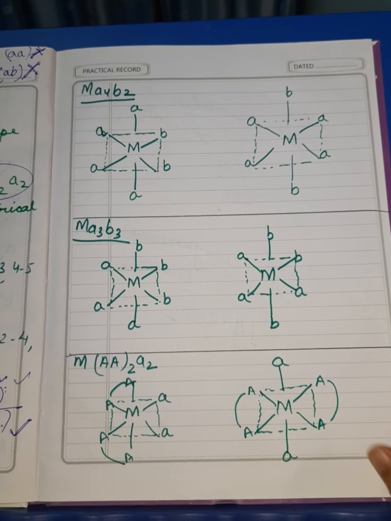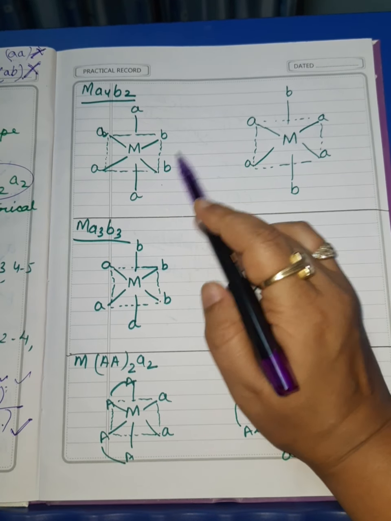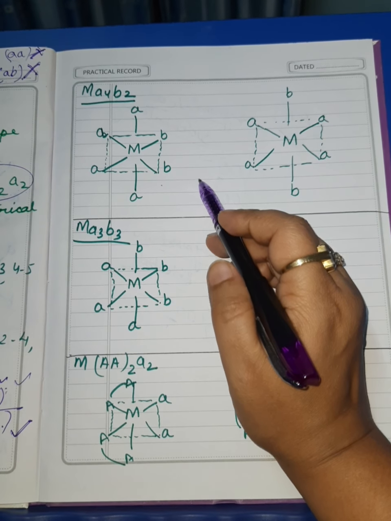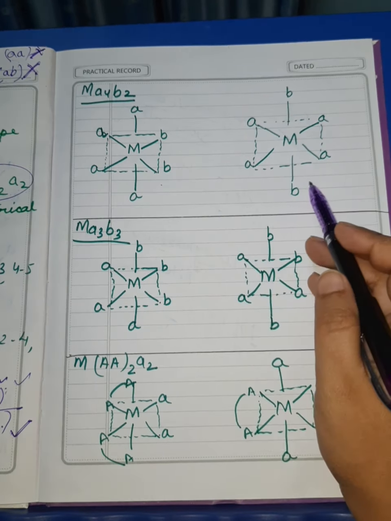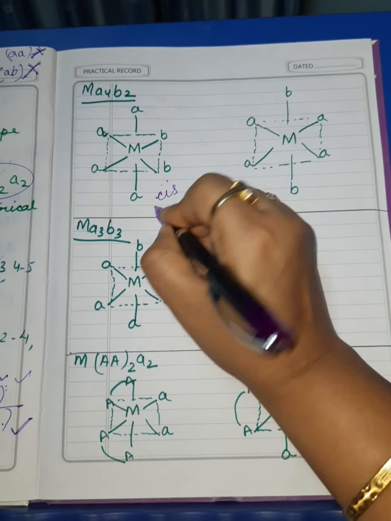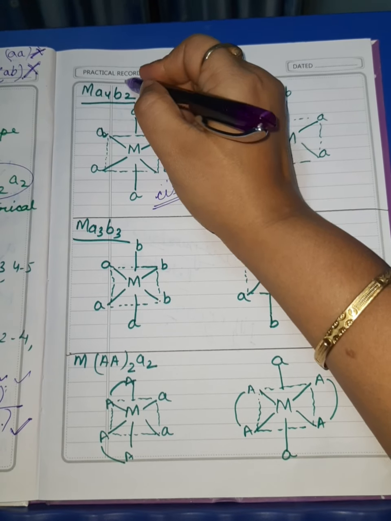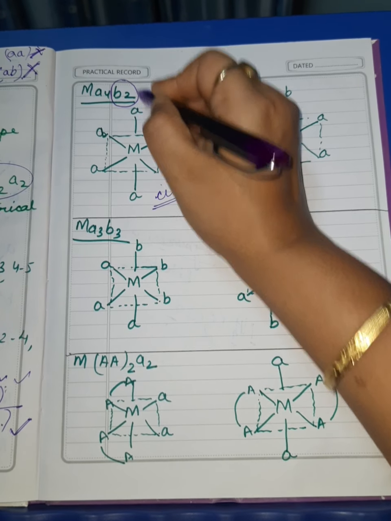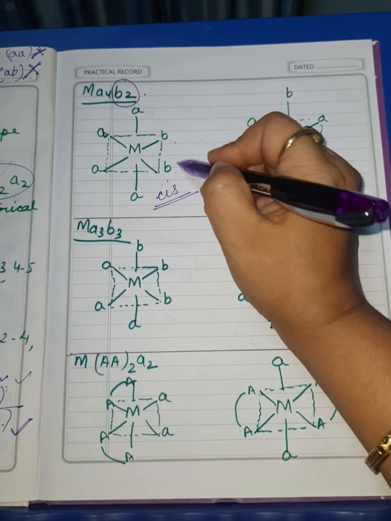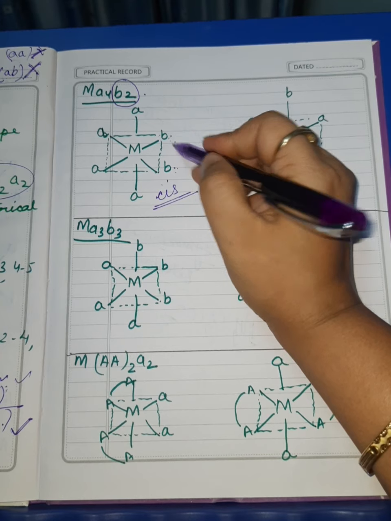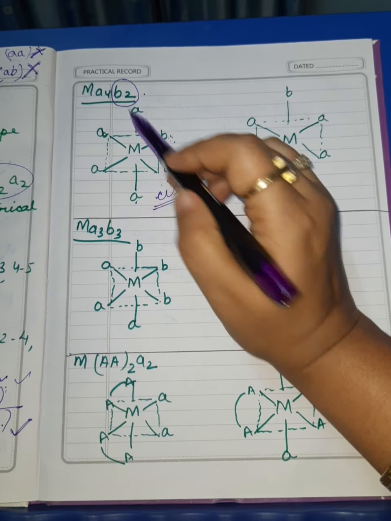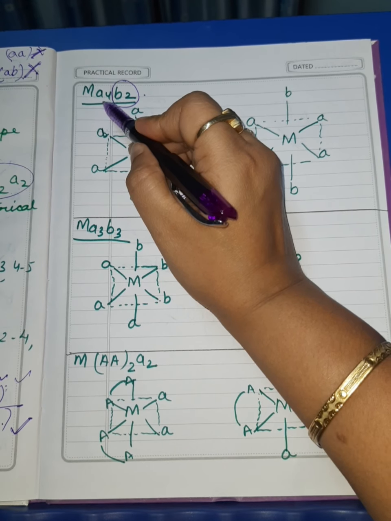Now A4B2. In case of A4B2, we can have 2 complexes as you have seen in the trick. 2 geometrical isomers are possible, out of which one will be cis and one will be trans. In case of cis arrangement, 2 similar monodentate ligands, that is B2, will occupy the adjacent position in the square plane, and the rest 4 positions will be occupied by 4 similar monodentate ligands.